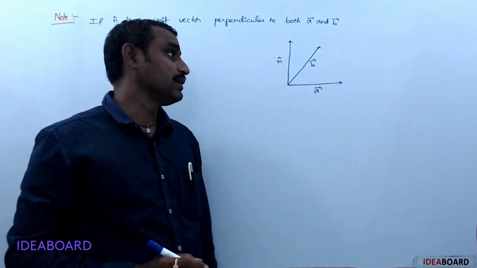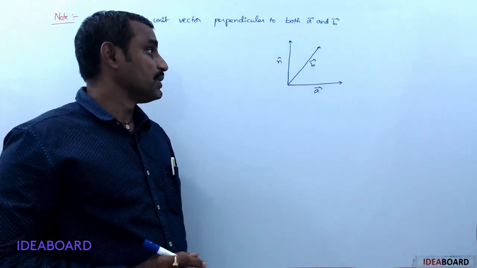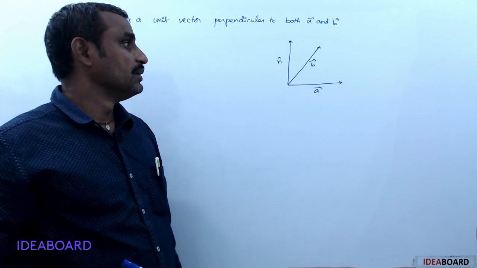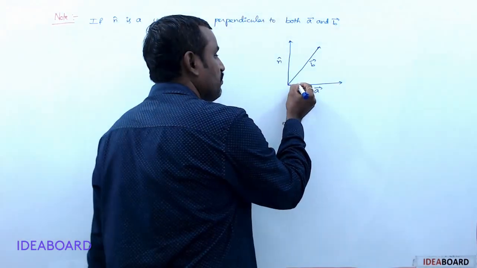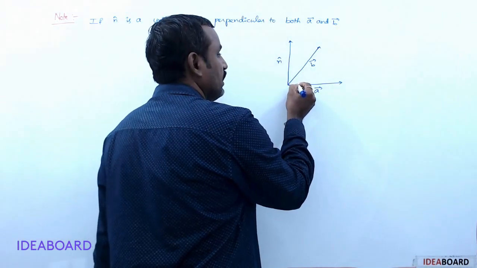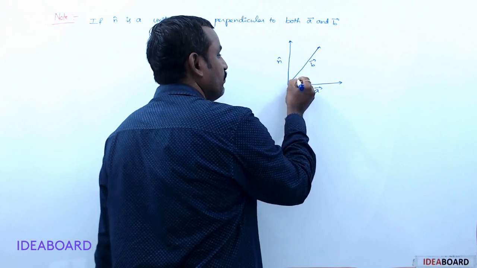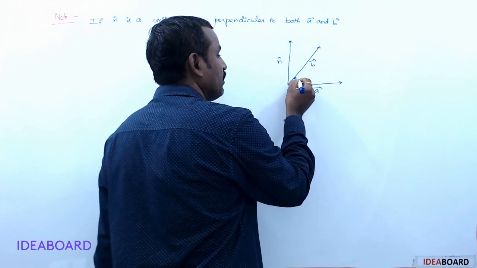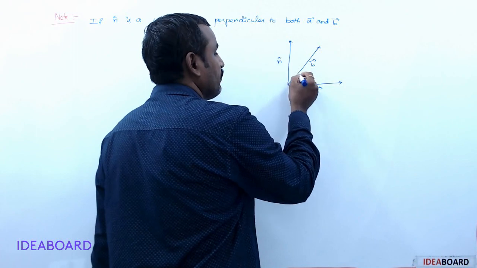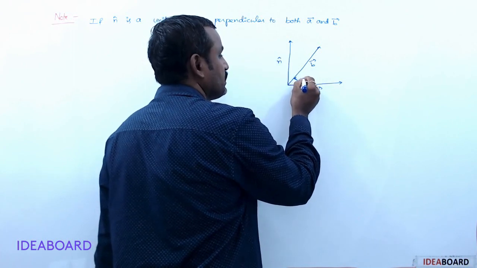Yesterday I explained that concept also to you. According to that, theta moves from A bar to B bar in the direction of n cap. So now this is the theta.